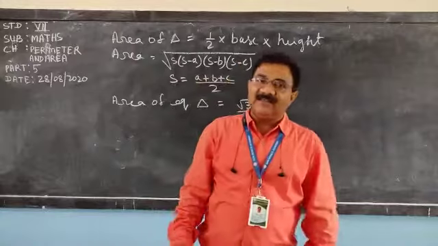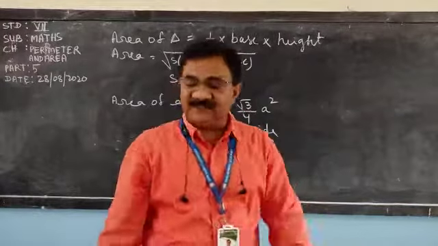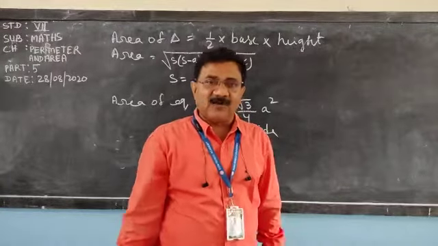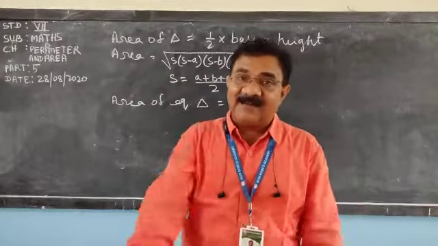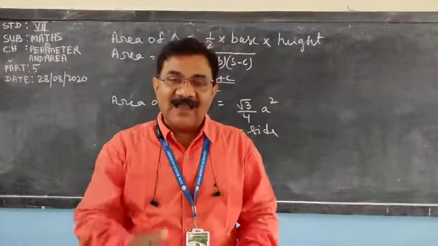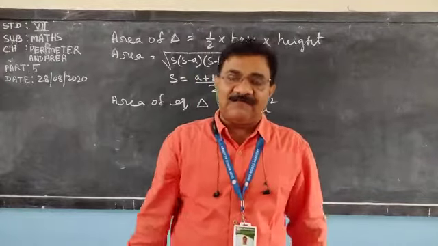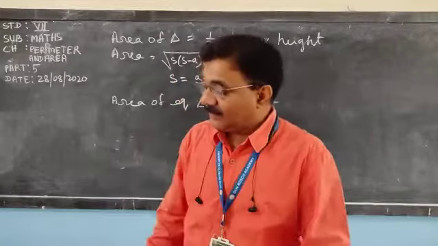We have also discussed the Pythagoras theorem, which is applied in a right angle triangle, where hypotenuse square is equal to the sum of perpendicular square and base square.